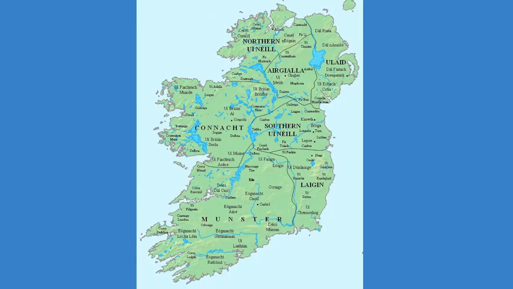So it is possible to use this as an argument to say that the Druids were the descendants of the people who built the major megalithic structures in Ireland. That is a theory. It's not necessarily fact. It's just a theory.